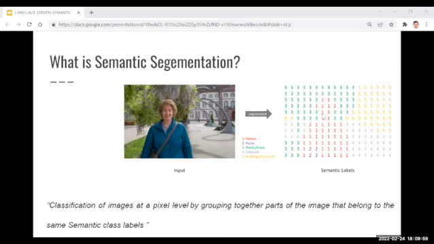This portion of the image it has masked as 1, so that's the class label it has assigned. Similarly, 3 corresponds to the grass, so it has assigned that label, and so on and so forth. So this is what semantic segmentation is.